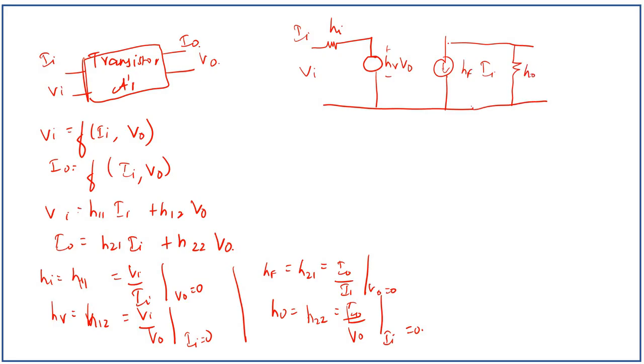For simplicity of derivation we write it as H0 here. The output current is I0 and the output voltage is V0. So the equations are Vi equal to Hi Ii plus HR V0 and I0 equal to HF Ii plus H0 V0.